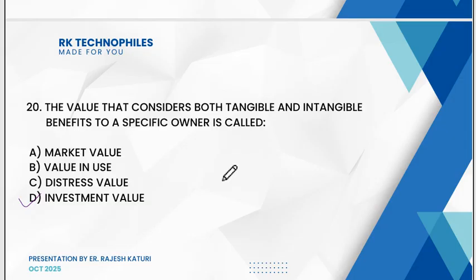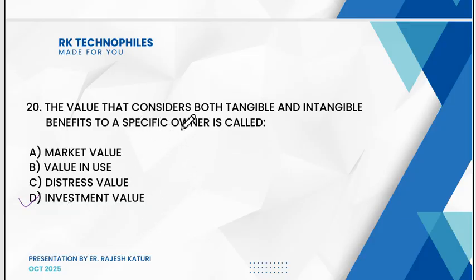See, actually A is general buyer perspective. B is actually, we discussed it, current use, not investment potential. C is actually forced sale value, so very below the market value. So the answer will be D, investment value.